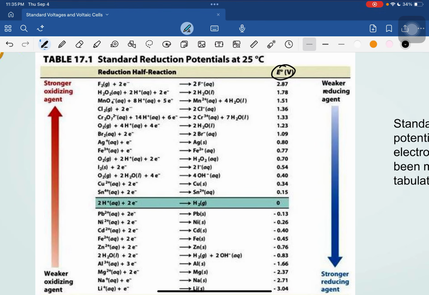Again, even if the reaction was reversed, for example, Fe2+ plus 2e- yields Fe, and in our half reaction, we are using Fe yields Fe2+ plus 2e-, you would still be using negative 0.45. Again, do not reverse the sign of the E at the onset. If you need to reverse it, do it in the formula later on, but when you get the voltage from the table, you use them as they are.